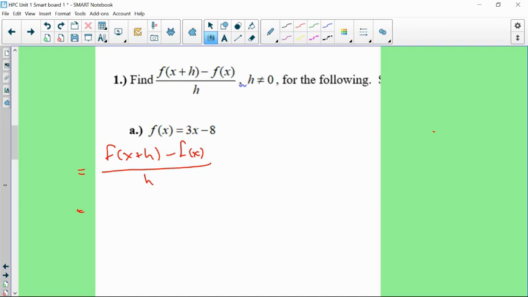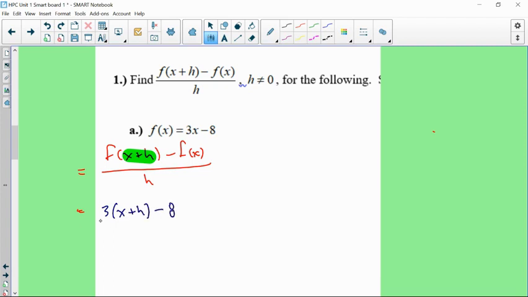Instead of just an x, I'm going to input an x plus h. So now I have 3 times (x plus h) minus 8.